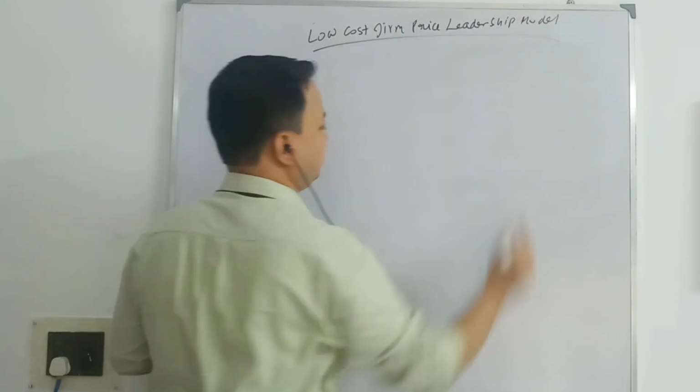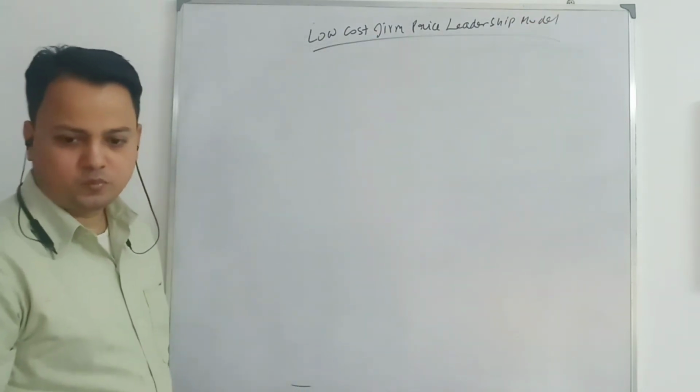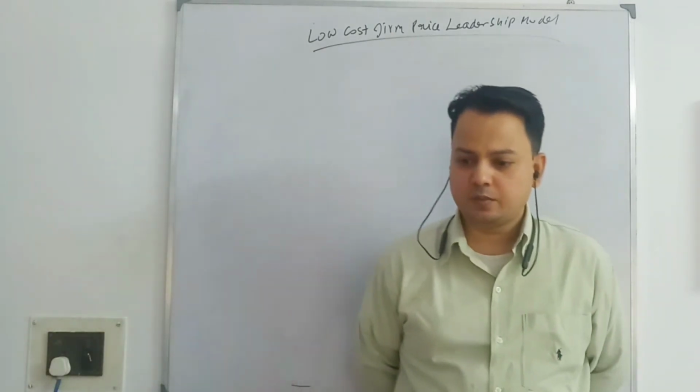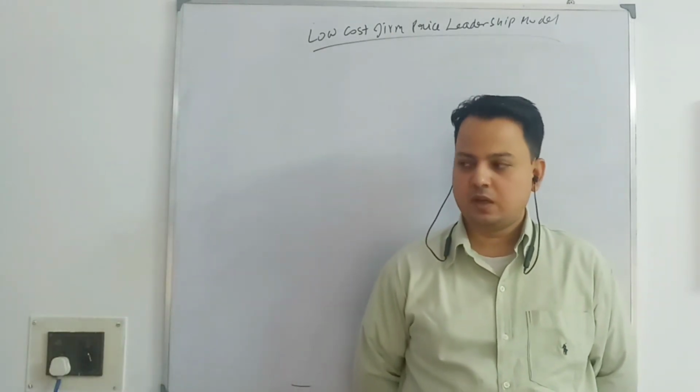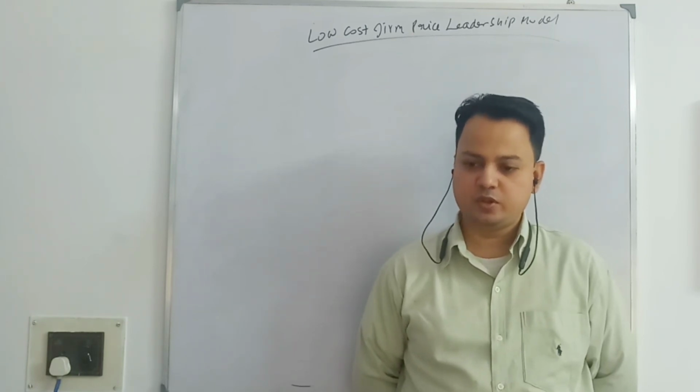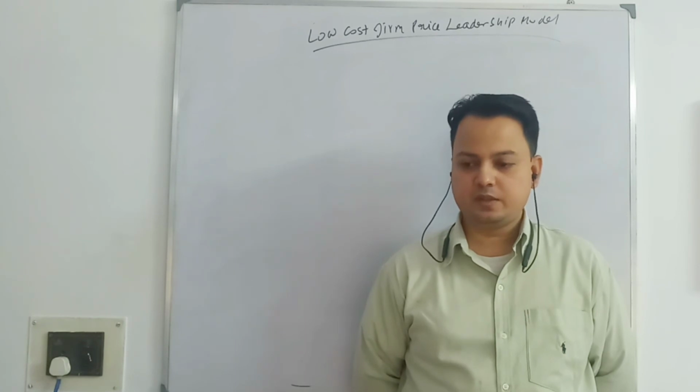Here we are considering two firms producing identical products, and they have identical revenue curves. Their average revenue and marginal revenue are the same. The only thing that differs is their cost.